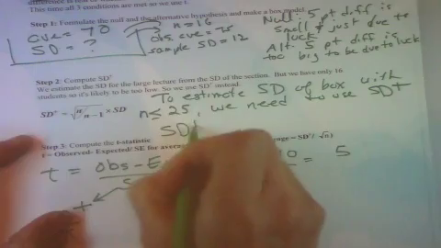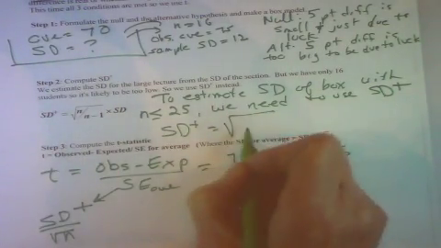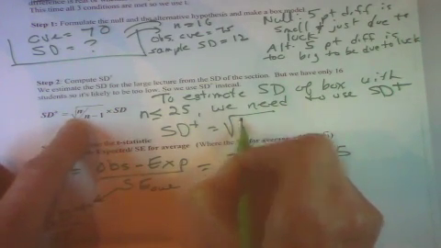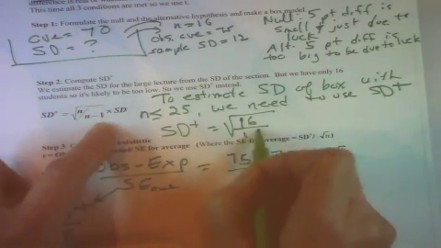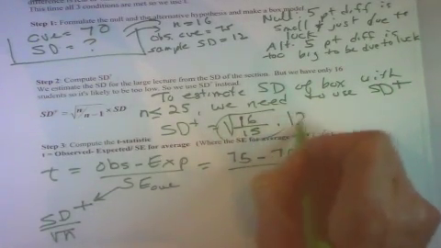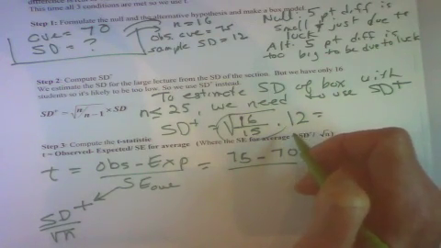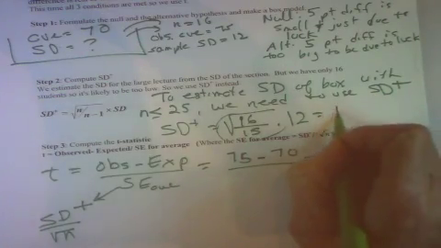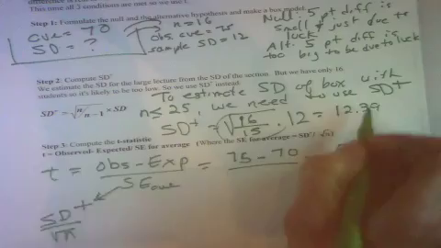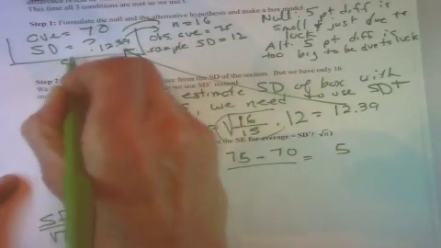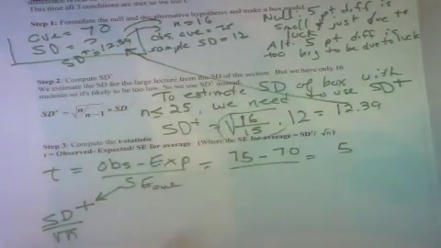So SD plus is equal to the square root of n over n minus 1, times 12. What's n? 16. What's n minus 1? 15. That ratio is bigger than 1, which makes it bigger. So instead of using 12, we use something a little bit bigger than 12, and this turns out to be 12.39. That's the main difference in our calculations.